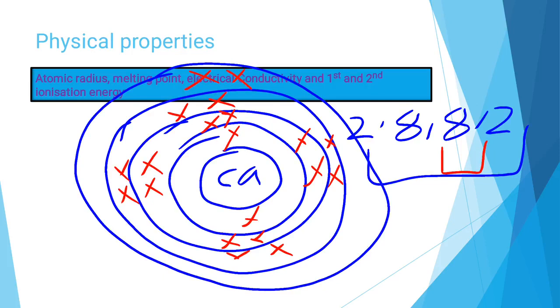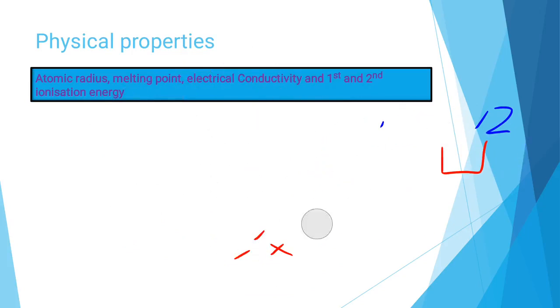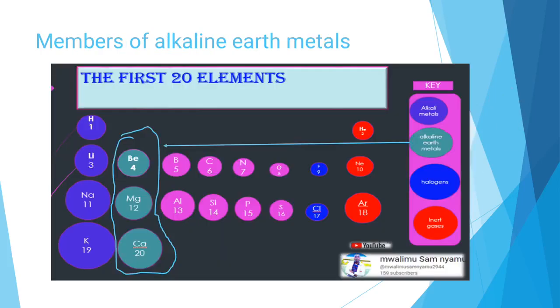So we look at something different, the melting point. Because of the size, we have barium being comparatively smaller than calcium and magnesium. For that reason, barium has very small particles.